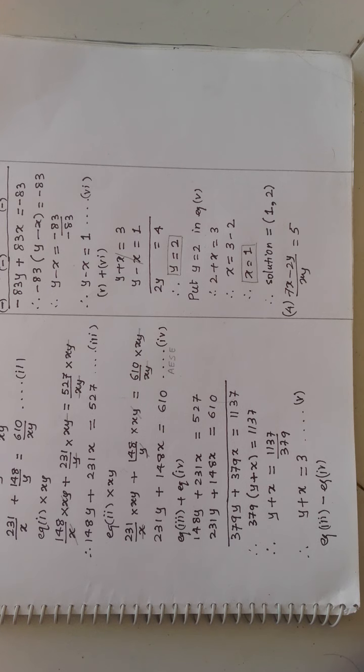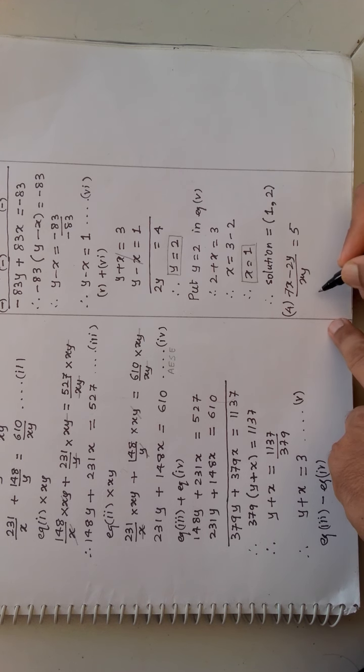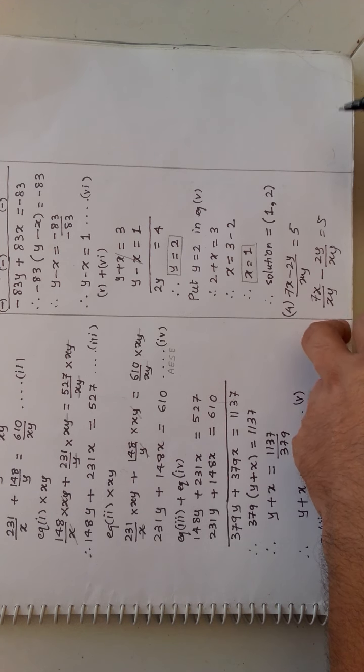If you separate, it will turn into 7 upon y, 2 upon x, that is also good. If you transfer it to the right side, then you have to get rid of xy first, so it will become a two-step process. So better you separate it. This denominator is common for both, so it is 7x minus 2y upon xy is equal to 5.